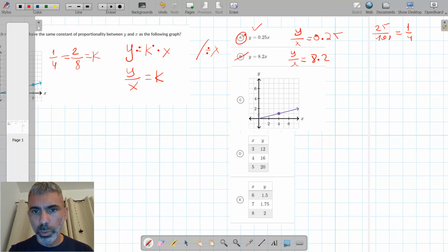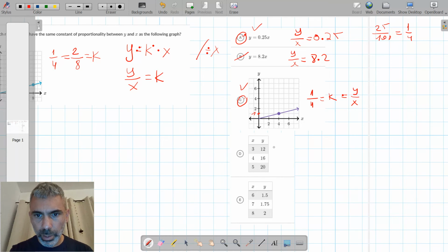Here we have y is 1 and x is 4. So this is the constant of proportionality, y over x. Y is 1, x is 4, so C is also good.